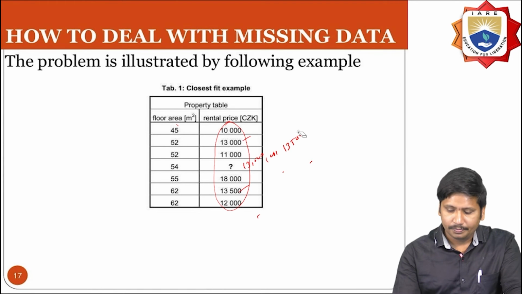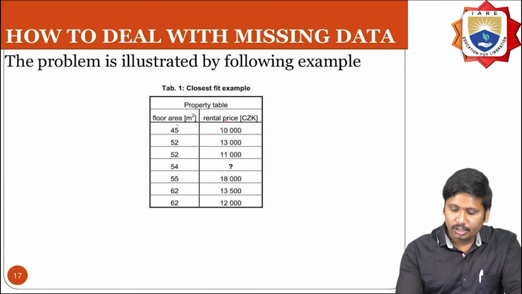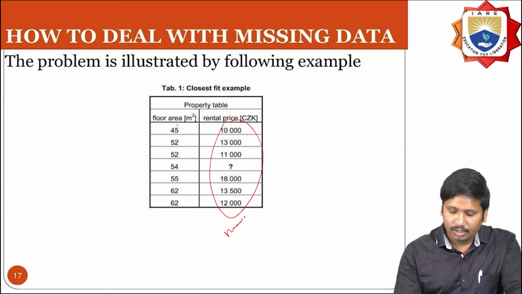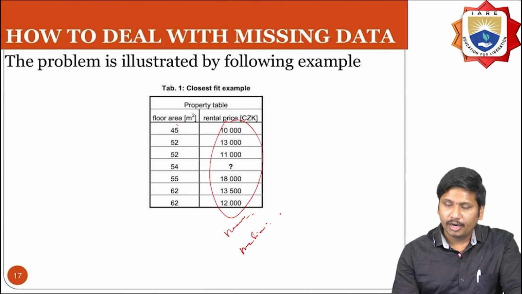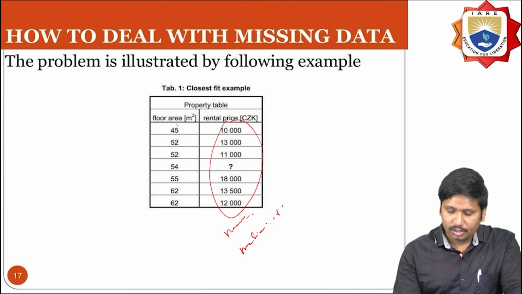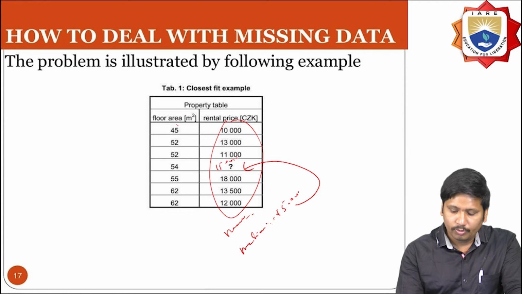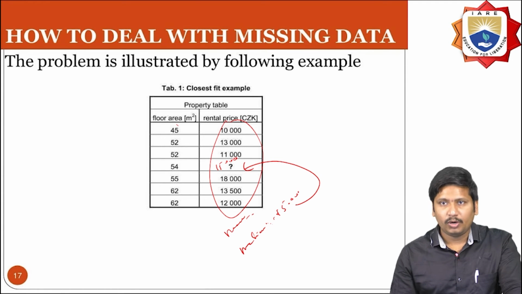This is the other way. Or I can fill with the median. Instead of calculating the mean value, I can calculate the median. Suppose the median is 15,000. This median value is also going to be filled into the missing value in the table.